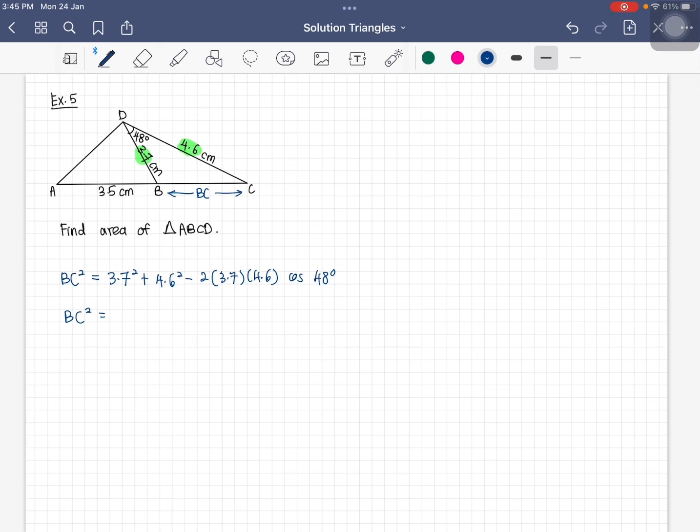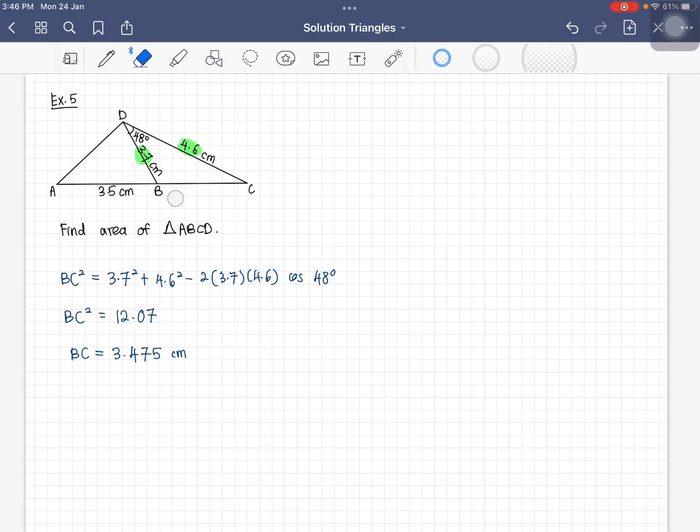I've got that as 12.07. Therefore, to find BC, I have to find the square root of it, which is 3.475. Let's say you assume that BC is actually 3.475.